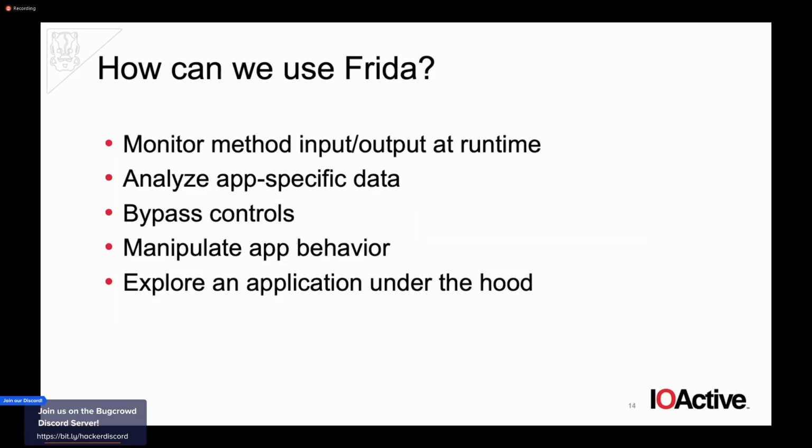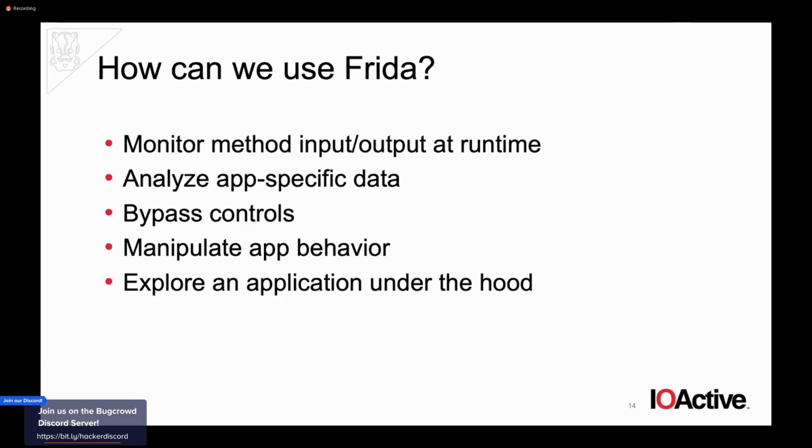Okay, so how can we use Frida? Well, we've already seen that we can monitor method input and output at runtime and tweak exactly what we're getting in, for instance, the Frida trace output. But when we're looking at a specific application and we don't want a one size fits all solution, we can also craft things that will analyze data or functionality specific to that application.